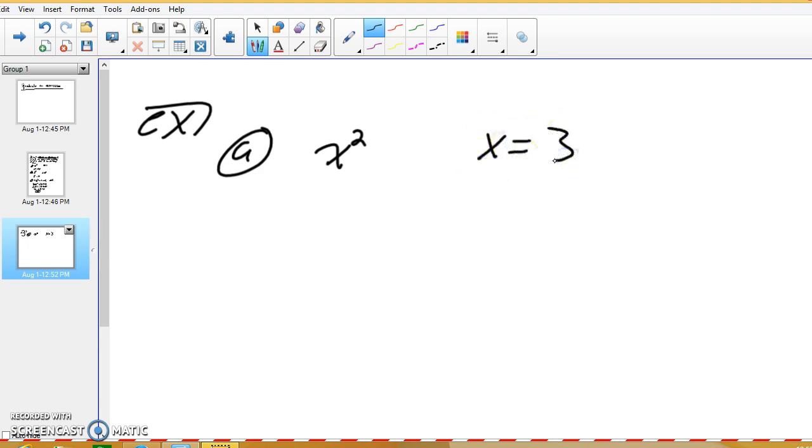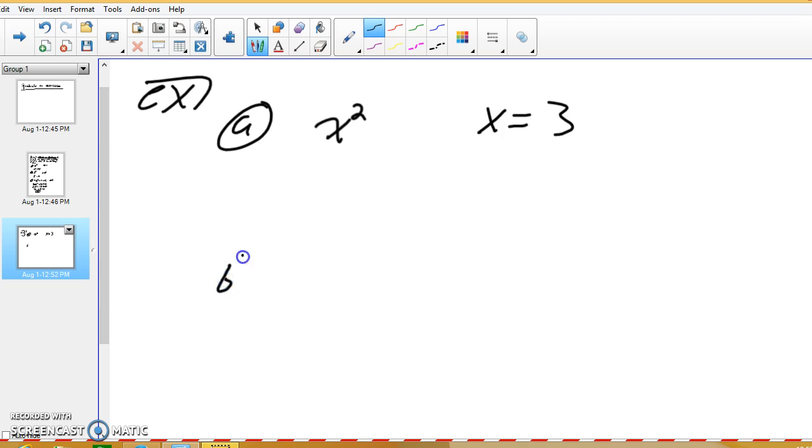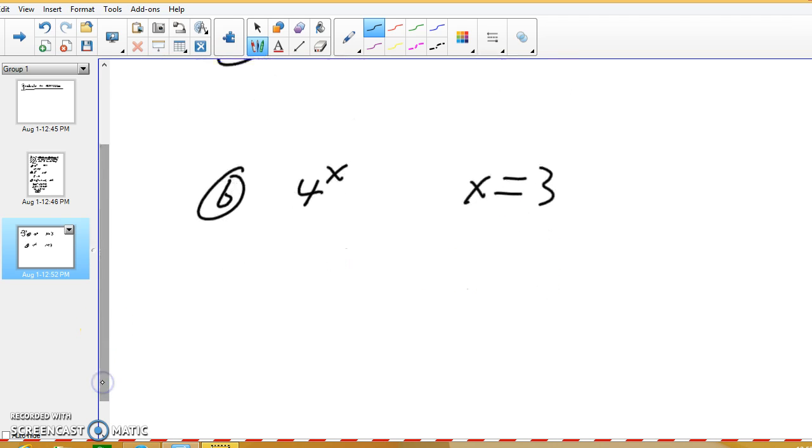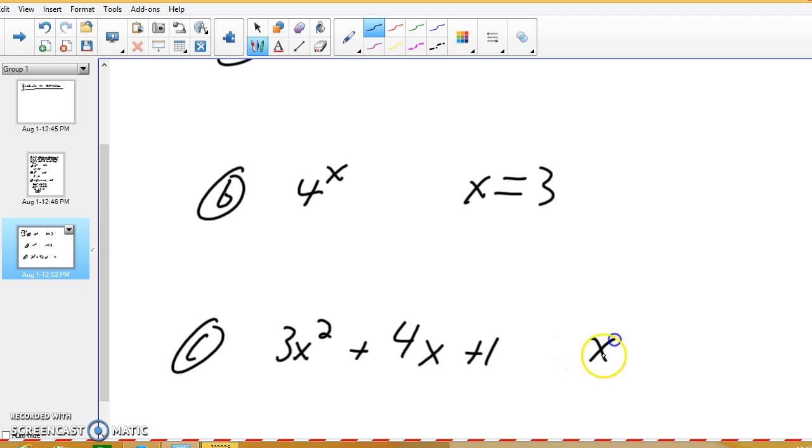You can work on that right now. And our next one is 4 to the x, given that x is equal to 3. You can work on that right now. And our final one is 3x squared plus 4x plus 1, given that x is equal to 3. And you can work on that right now.